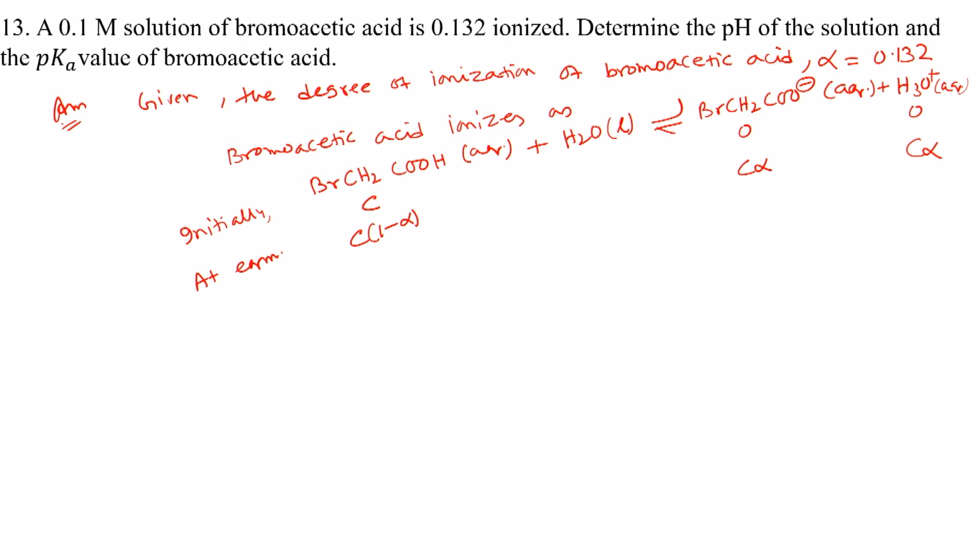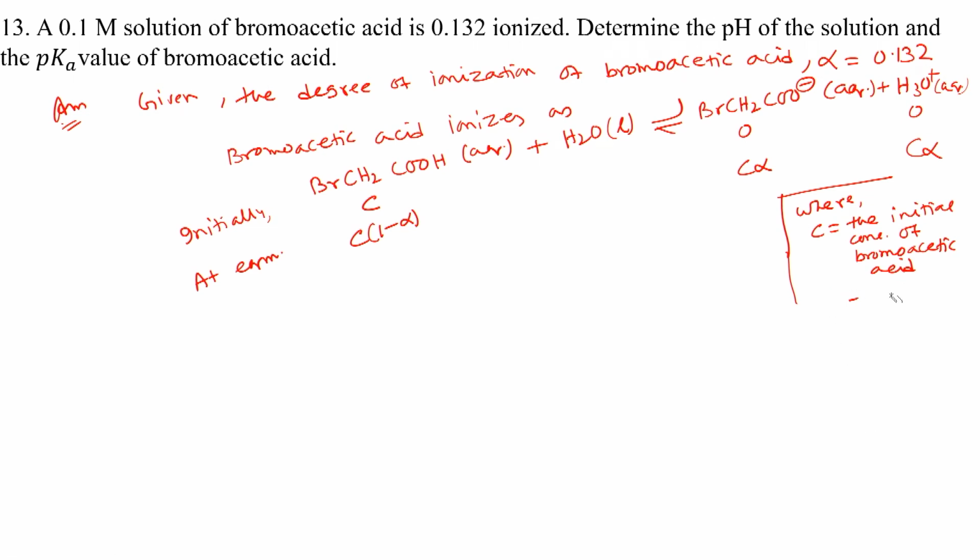Now where C is the initial concentration of bromoacetic acid, and alpha is the degree of dissociation or ionization we already considered.